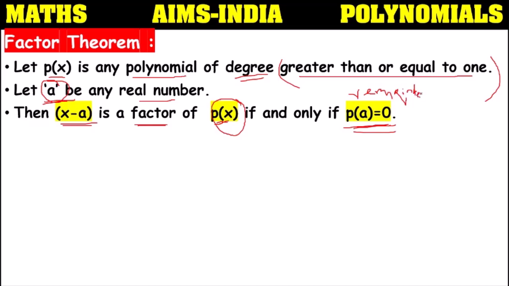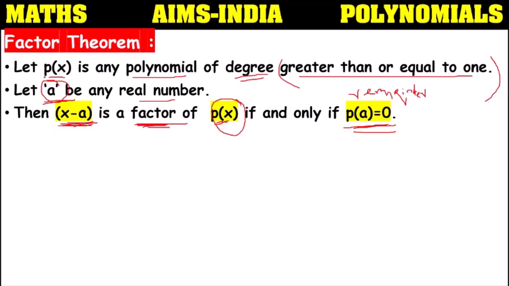So here, if the remainder is 0, that is p of a equal to 0, then according to this, we can tell x minus a is a factor of p of x. Means x minus a, it is also a polynomial. The polynomial x minus a divides another polynomial p of x exactly. So then the remainder will become 0, or p of x is exactly divisible by x minus a. So that's why x minus a is called a factor of p of x.